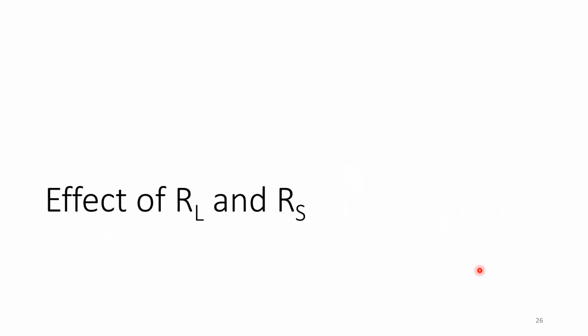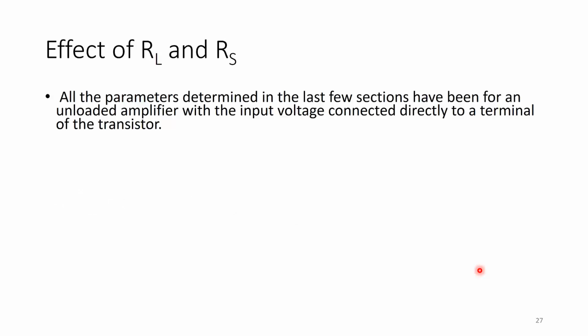Alright, now we have covered all the configurations. Before we finish the AC analysis, let's have a look at the effect of RL and RS. So what are we actually talking about here? All the parameters determined in the last few sections have been for an unloaded amplifier.